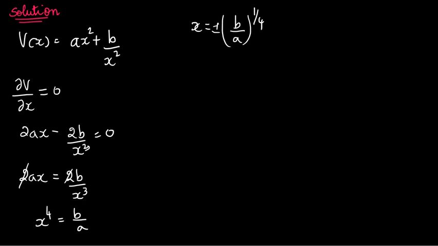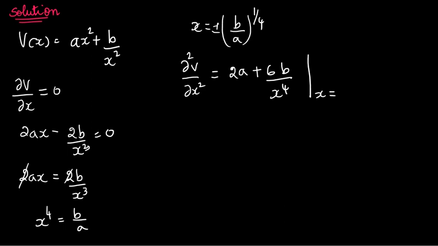Now the second step is to find the second derivative, which is dou square V by dou x square. On doing that, I get dou square V by dou x square as 2a minus, into minus will be plus, 6b by x power 4. So now I have to substitute x with the equilibrium point.